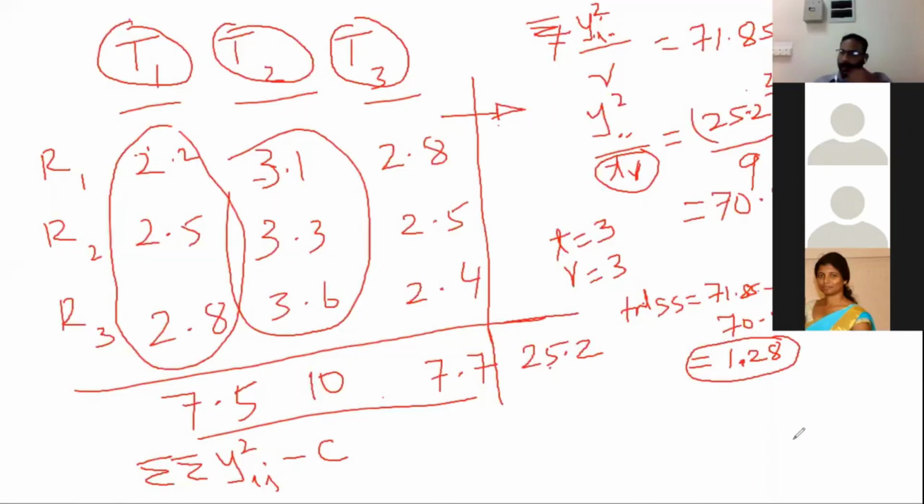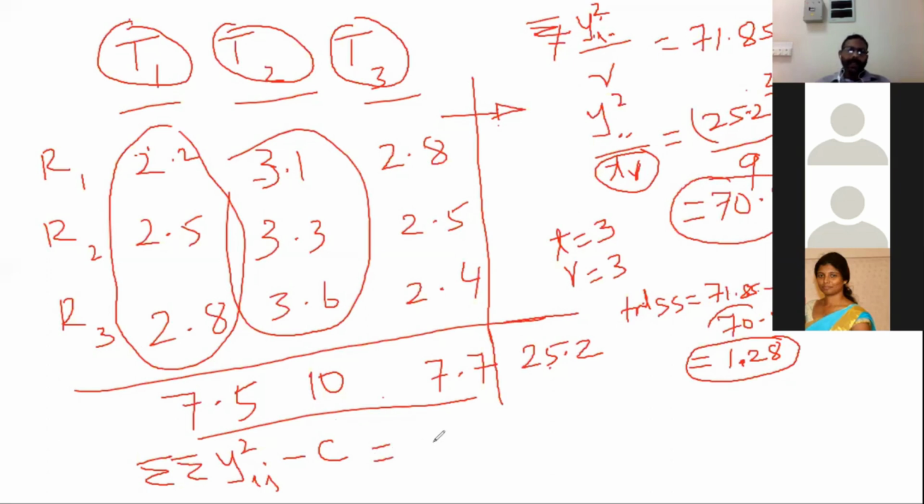Now we will go back to the calculations. I said C is a correction factor, right? The correction factor is the same. Once you have calculated the correction factor, you can keep it for other calculations as well.